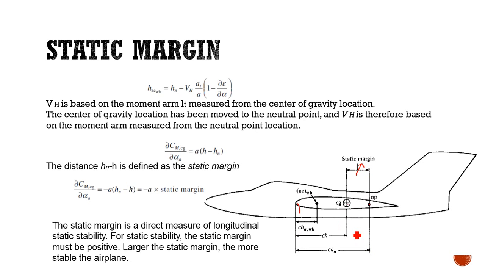We consider the distance from the leading edge to the center of gravity as h, and the distance from the leading edge to the neutral point as hn. That means the distance is in chords. That's why they have given us c·h and c·hn here. If the chord is 1, it reduces to h. So the distance from the CG to the neutral point is called the static margin, that is hn minus h. This hn minus h is called the static margin.